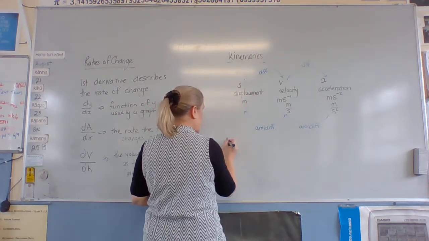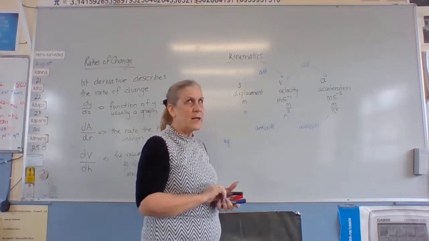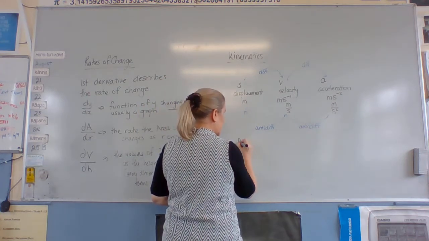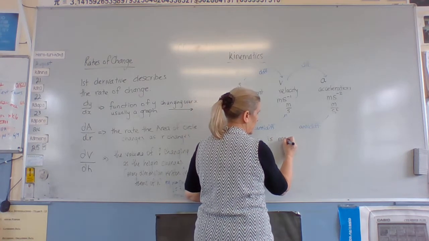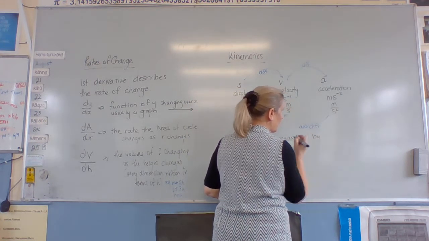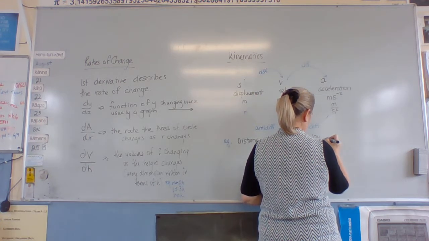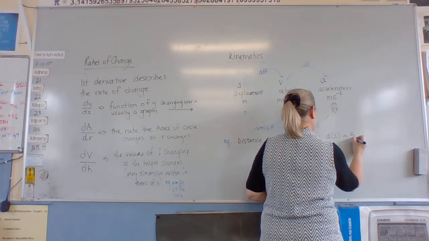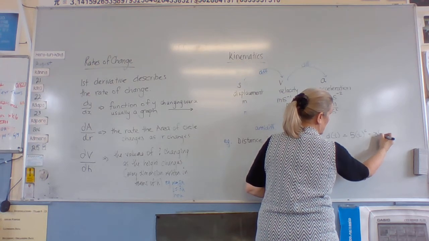So let's have a look at an example. A simple example would say something like: distance is measured by g of t equals 5t cubed plus 3t.